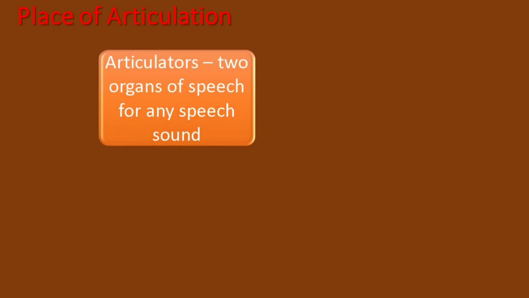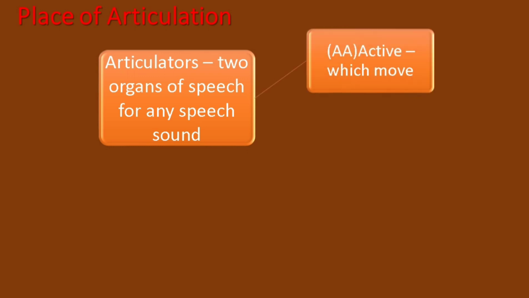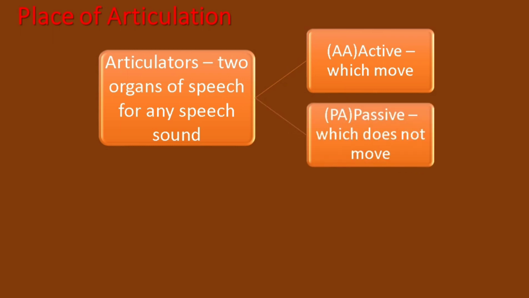We need two organs of speech or articulators for the articulation of any speech sound. Articulators are the organs of speech which help to articulate a sound. The articulator that moves towards the passive articulator is called active articulator.